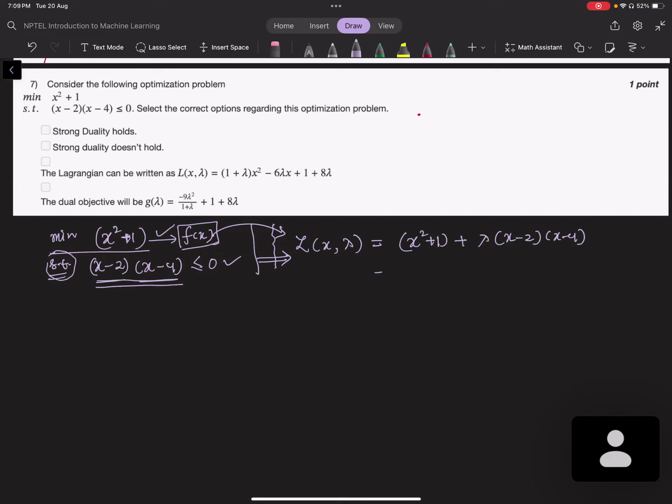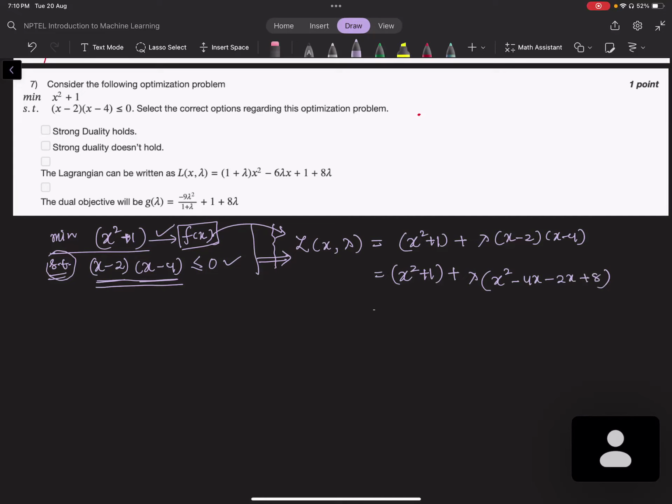Okay, and if you expand this, it will be x square plus 1 plus lambda times x square minus 4x minus 2x plus 8, right?